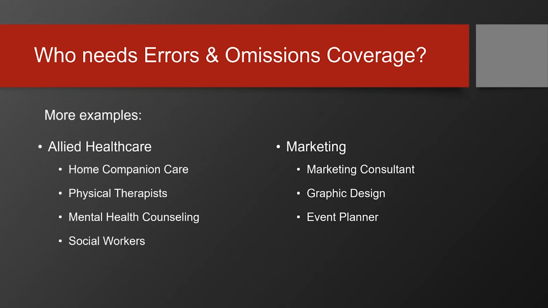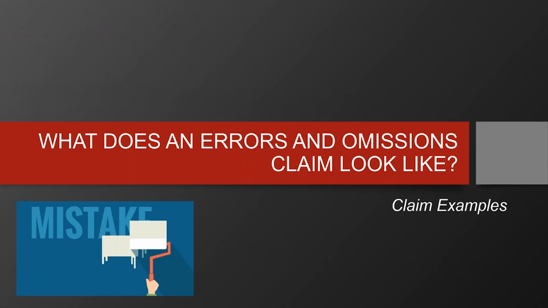And these are some of the classes within that realm: the home health care, physical therapists, mental health counseling, social work, all need E&O. Marketing consultants, again, big one, graphic design, event planners. So I went through a list there. We have probably 700 classifications on the books. Some are your generic ones, some are the one-off ones where you're like, well, what's the exposure?